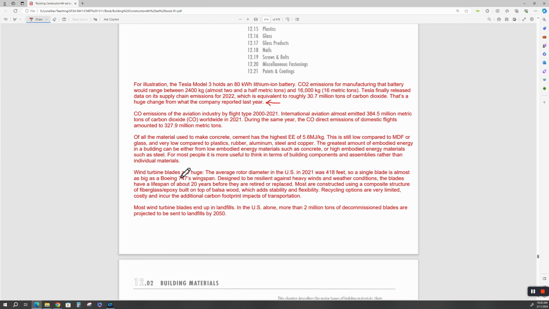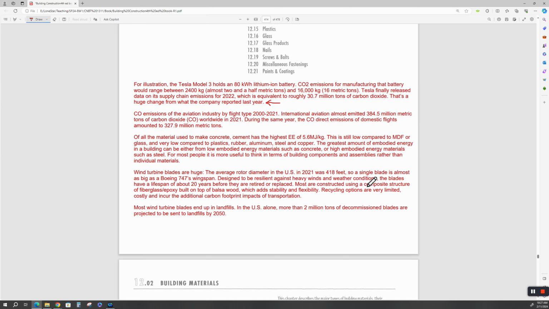All right, wind turbine blades are huge. The average rotor diameter in the United States, from a U.S. government report, was 418 feet. That's the diameter of the rotor. All right, so a single blade is almost as big as a Boeing 747's wingspan. They're designed to be resilient against heavy winds and weather conditions.